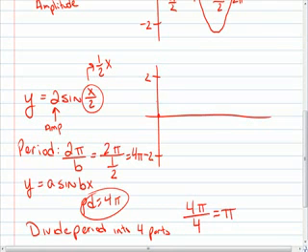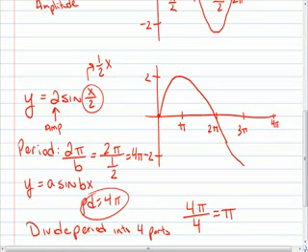So starting here at 0, we have 1 pi, 2 pi, 3 pi, 4 pi. Started with 0, and I kept adding my intervals of pi until I got to the end of its period. And then because it's sine, it's going to start at an intercept, and it's going to do exactly what sine has been doing since we started this, and it's going to go maximum, intercept, minimum, intercept, maximum, intercept, minimum, intercept.